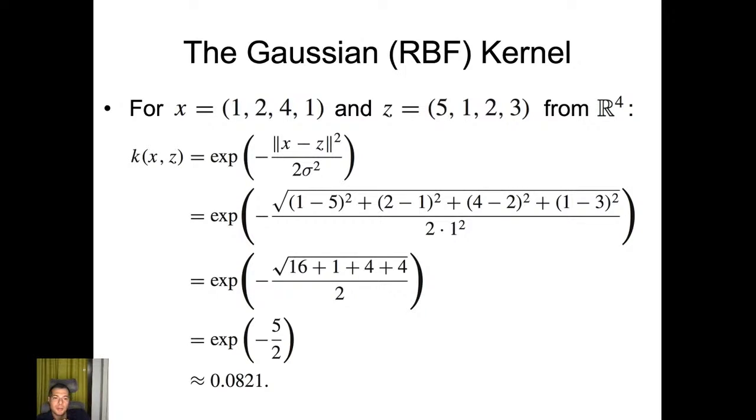This kernel also applies to other distance functions. We can actually replace the Euclidean distance with other distance functions and still obtain a kernel function. And actually, this formulation also works even if the distance here is not a distance function, even if it doesn't respect, for example, the triangle inequality.